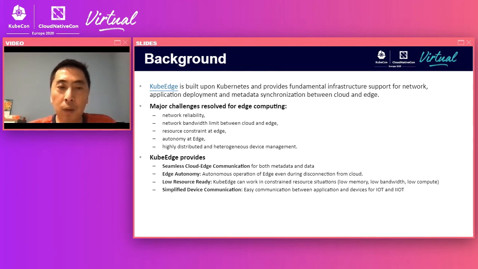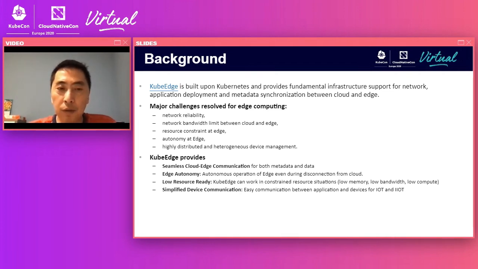And when the network gets disconnected, we need autonomous operations on the edge, so the edge can run independently without connecting to the cloud. Also, because we support a lot of IoT scenarios, there is highly distributed and heterogeneous device management and IoT protocols we need to work with. So those are all the challenges.